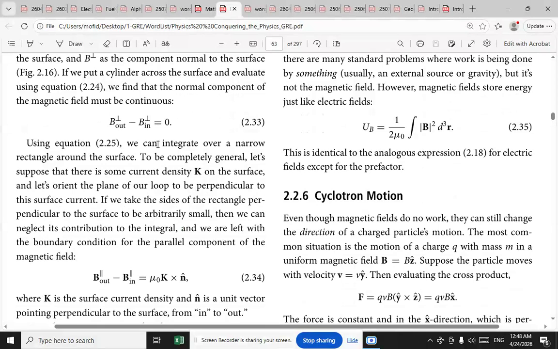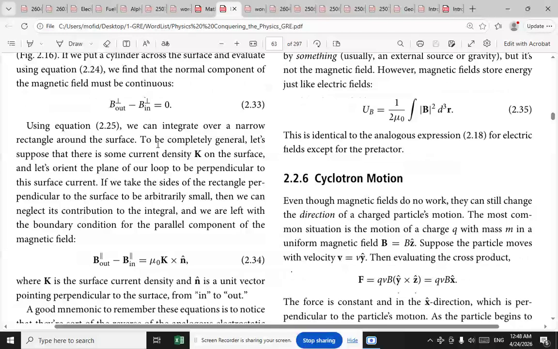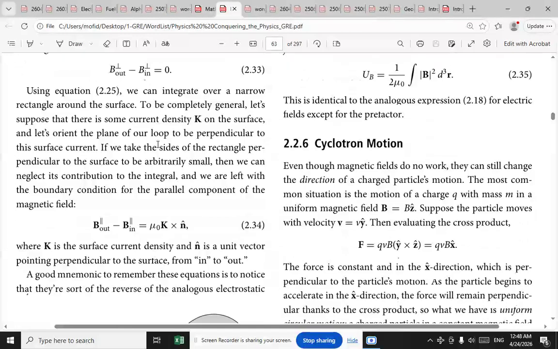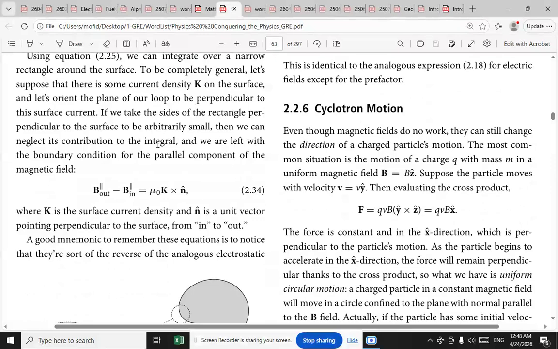If we take the size of the rectangle perpendicular to the surface to be arbitrarily small, then we can neglect its contribution to the integral, and we are left with the boundary condition for the parallel component of the magnetic field, such as B parallel outside minus B parallel inside is equal to mu 0 K multiplied by n, where K is the surface current density and n is a unit vector pointing perpendicular to the surface from inside to the outside.